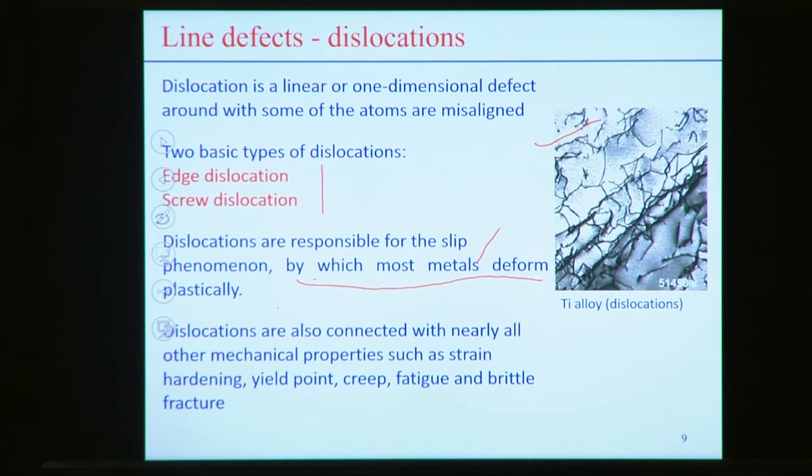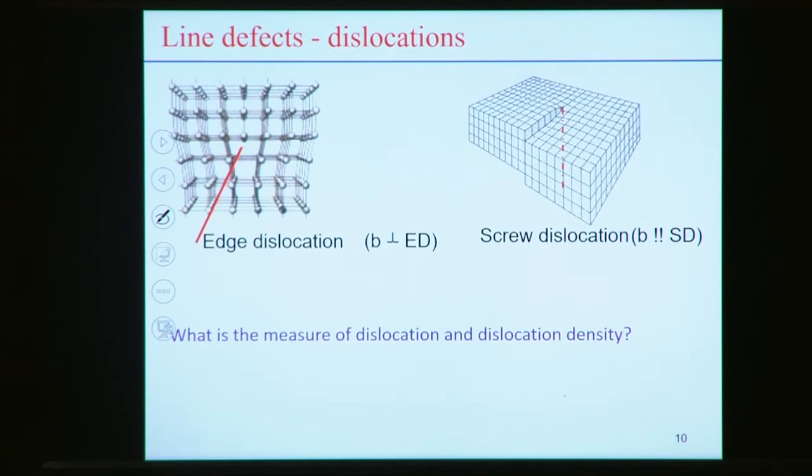All these phenomena can be explained using the concept of the dislocation. So it is necessary to understand what dislocations are and how we represent them. The two basic types, edge and screw dislocation, will be discussed further.